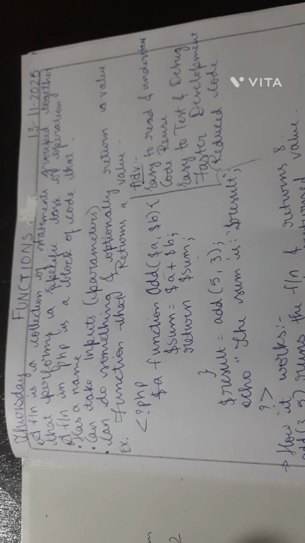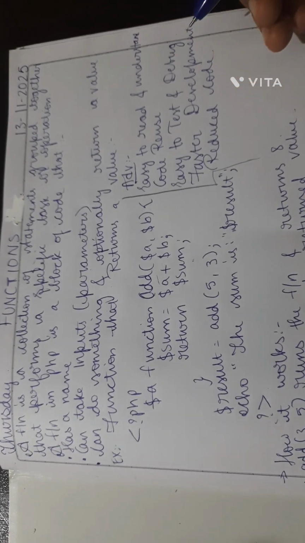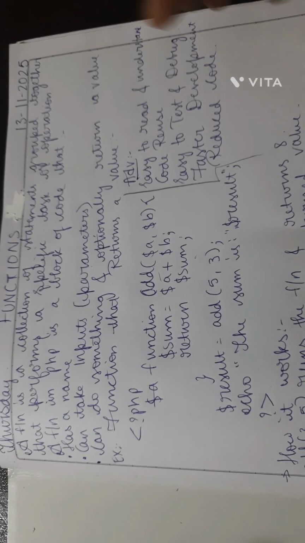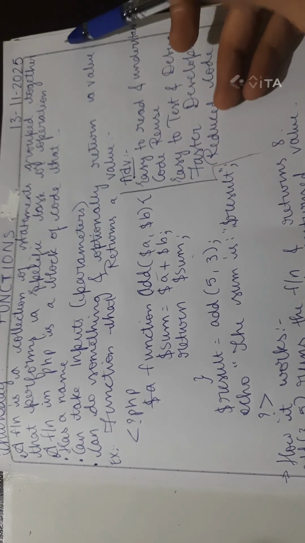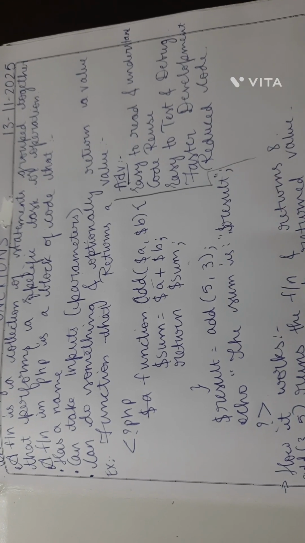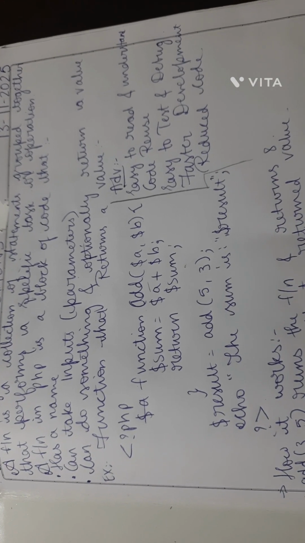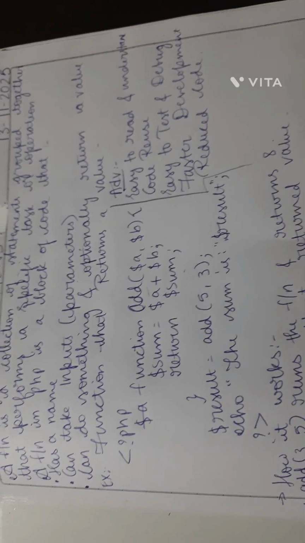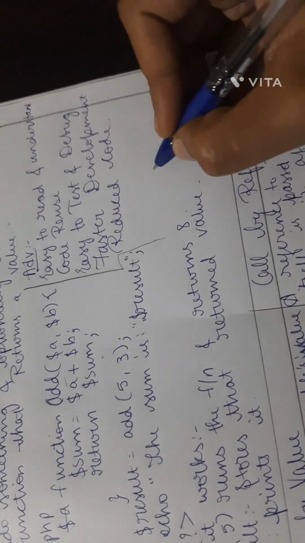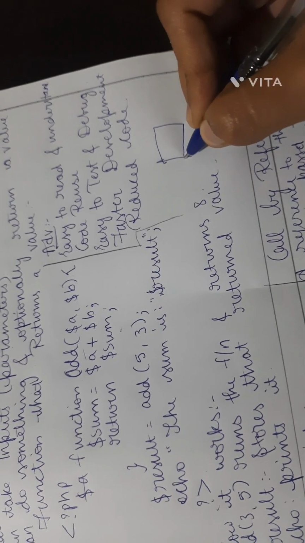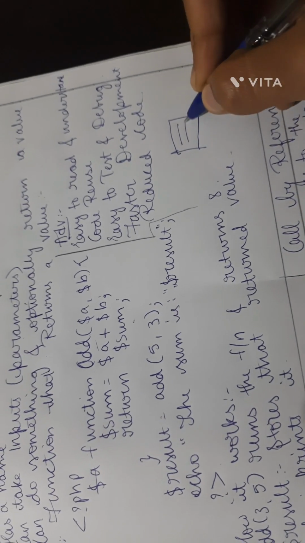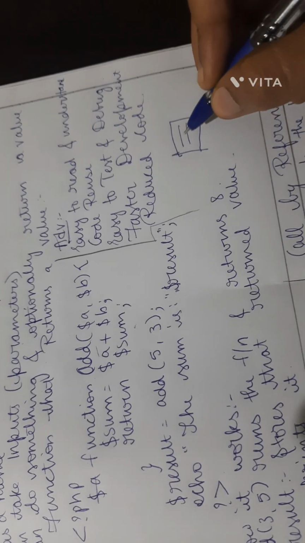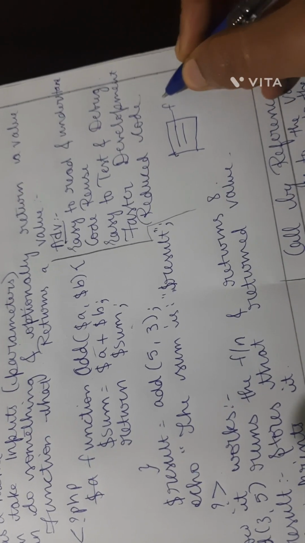So if we talk about the main definition of the function, a function is a collection of statements which is grouped together and that performs a specific task, or it returns a value also, or an operation. And a larger program is divided into basic building blocks called functions.